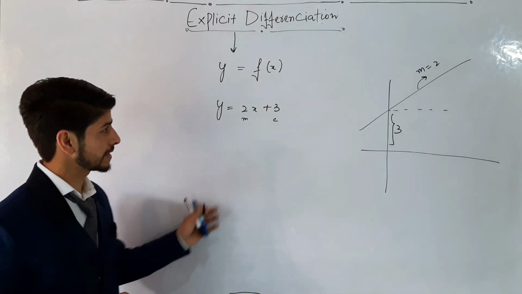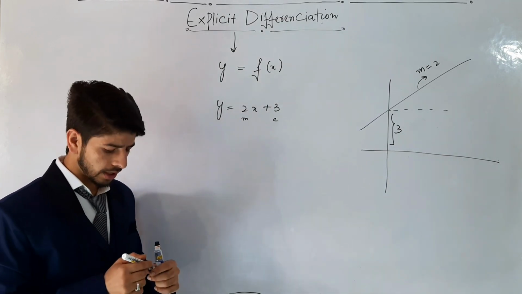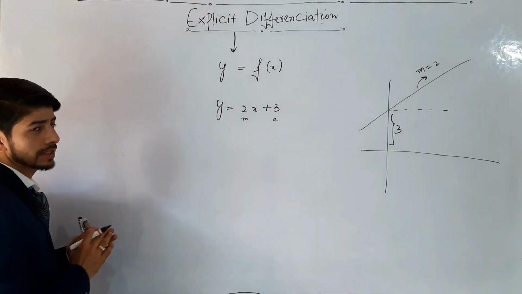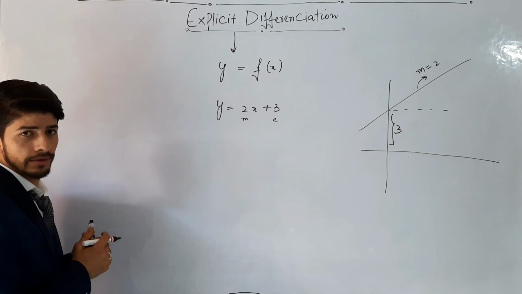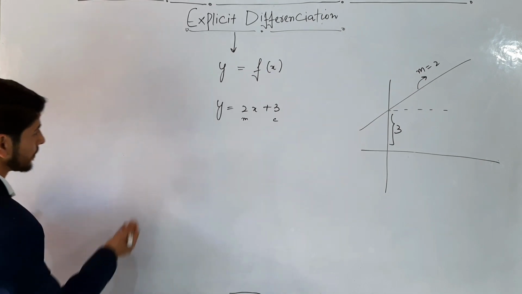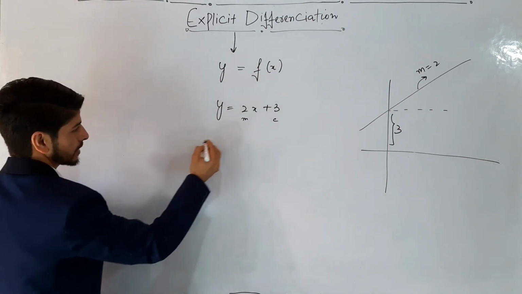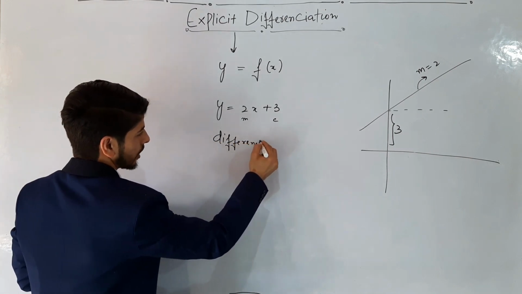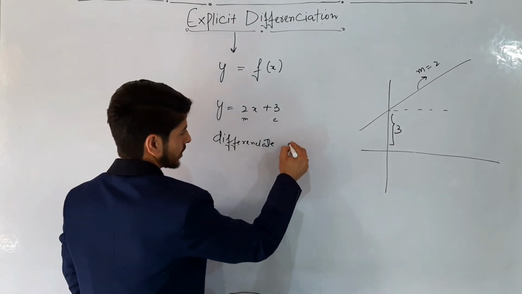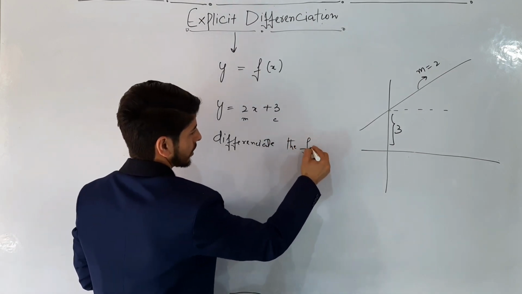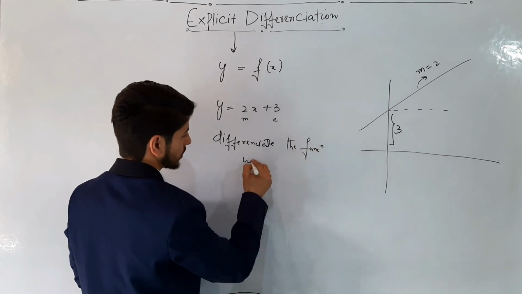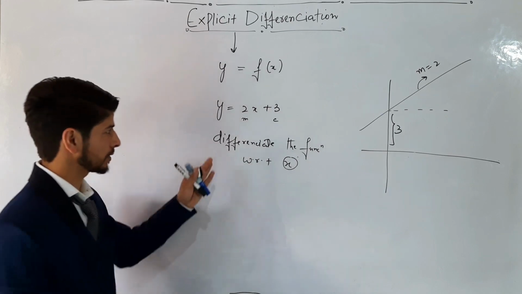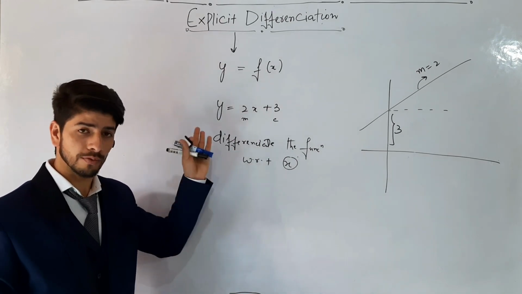Now we have to find the derivative of this function, or in another way, the gradient of that function. This is an explicit function. In order to find its derivative, we will simply differentiate this function, y equal to 2x plus 3, with respect to the independent variable x, because we have to find the instantaneous change in y with respect to x.